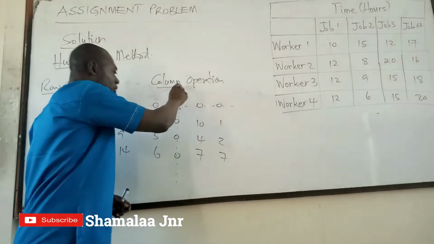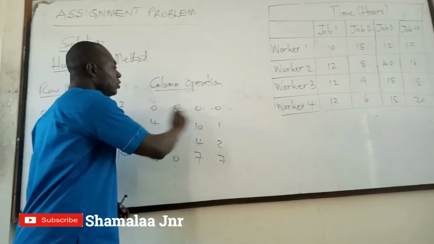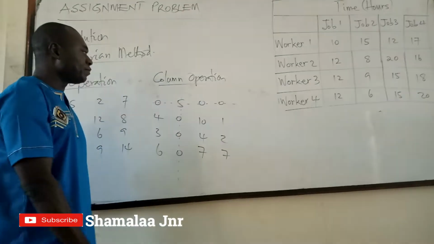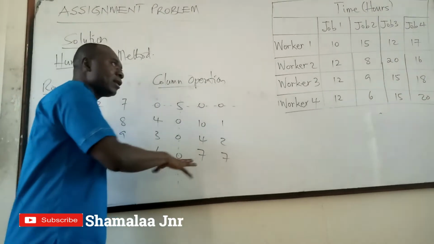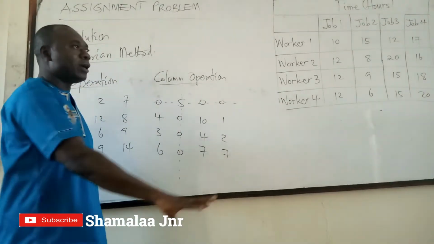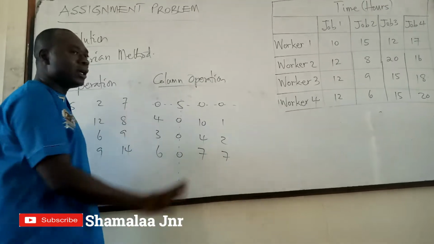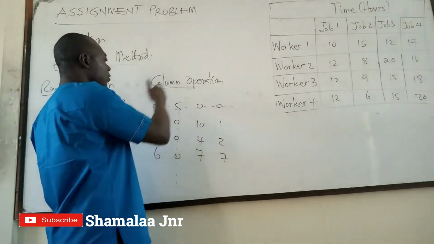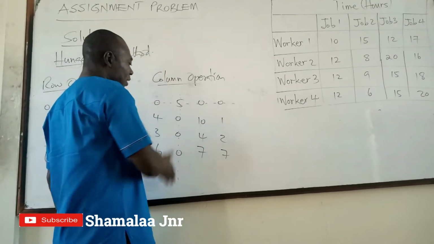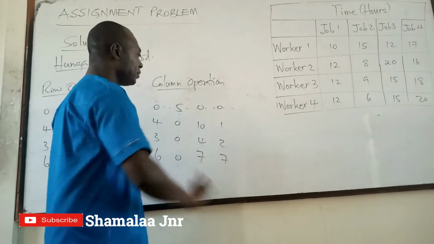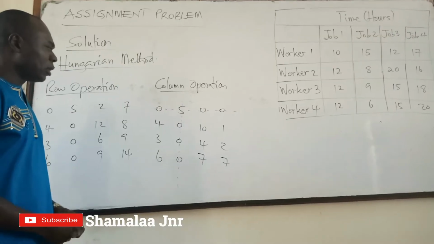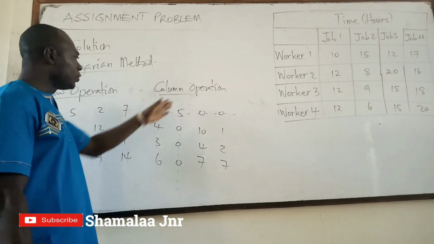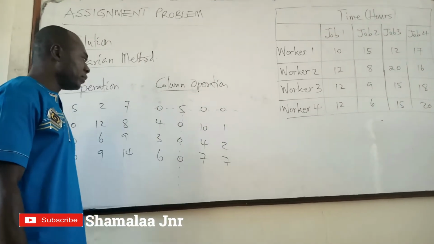So now you have crossed out all the zeros using 2 lines. And the lines should be vertical or horizontal. You don't use diagonal lines. You can use vertical lines or horizontal lines. That is okay.